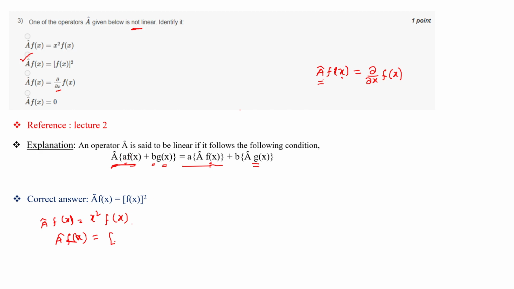So how is this a linear operator? I am saying it is a linear operator. How? Why? Am I wrong, or is there any reason? Anybody?